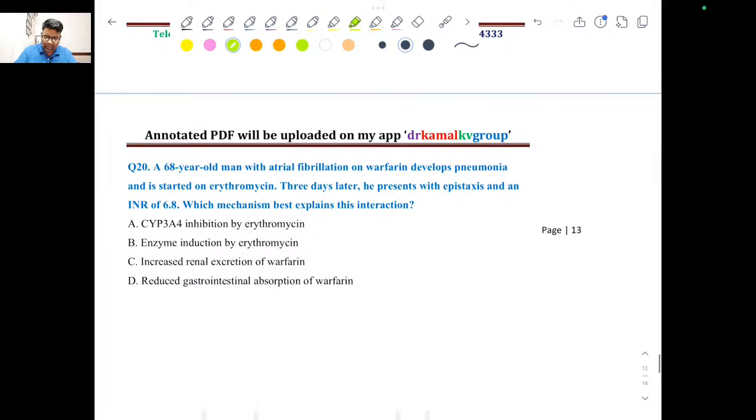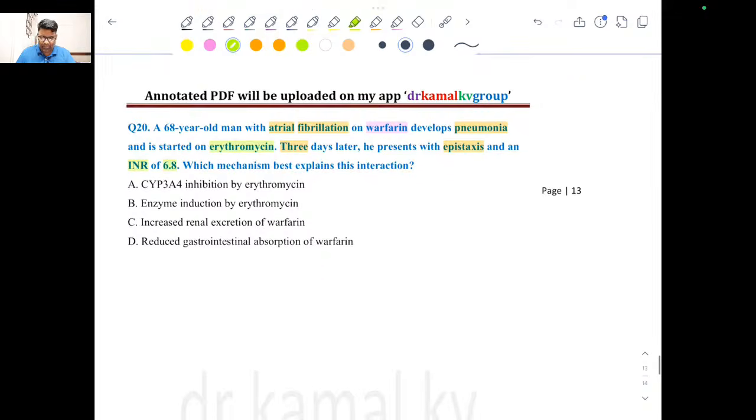Then moving forward to the last question of today's session, a patient with atrial fibrillation is on warfarin, and then he develops pneumonia, and for pneumonia the patient was started on erythromycin. 3 days later he presents with epistaxis and INR is 6.8. Now, what could have happened here?